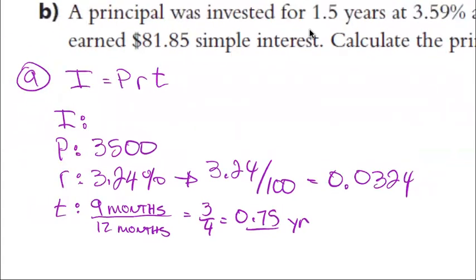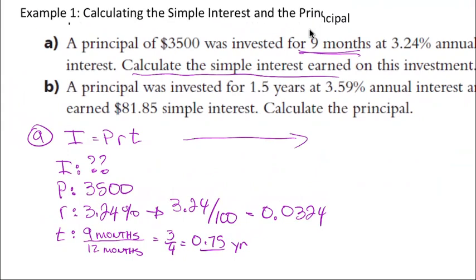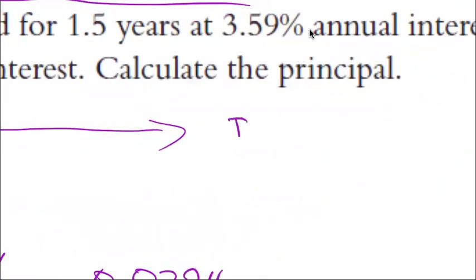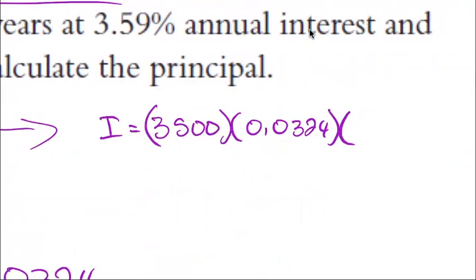And then clearly the question says, calculate the simple interest. This is what I'm looking for. So I can simply substitute that information into my formula. I is equal to my principal, $3,500, times my interest rate as a decimal, which is 0.0324, times my time in years, 0.75.